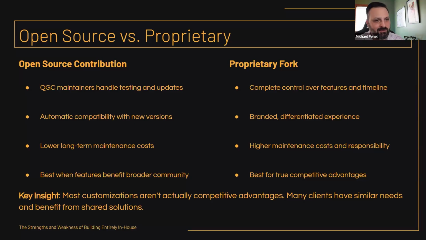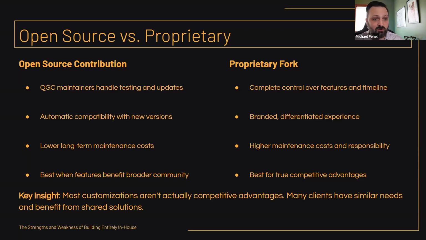I actually just wanted to add to that last point, because I think the last bullet point on proprietary for true competitive advantages really is the meaningful one, because there's layers to how much of an impact going proprietary makes. If you're just doing the branding and you're keeping all the functionality close to upstream, the impact of some critical change breaking your evolution path is lower, right?